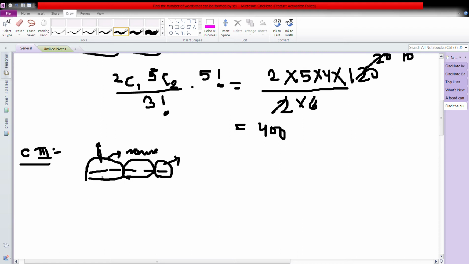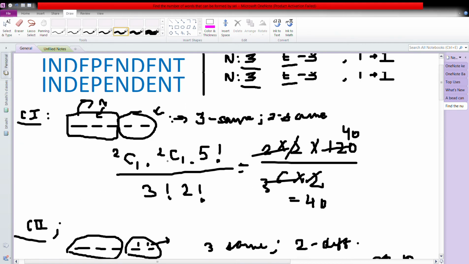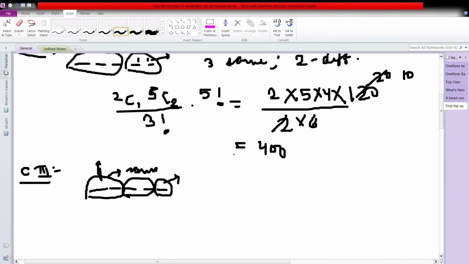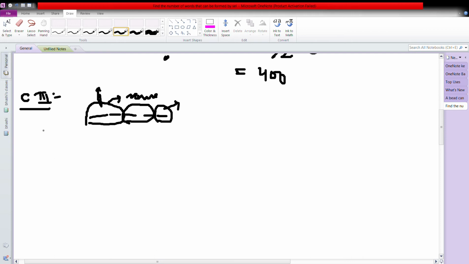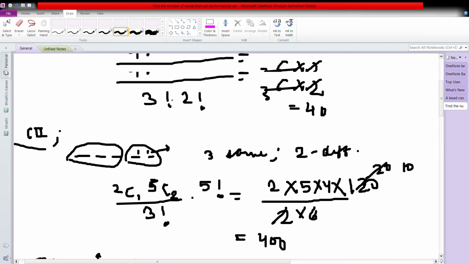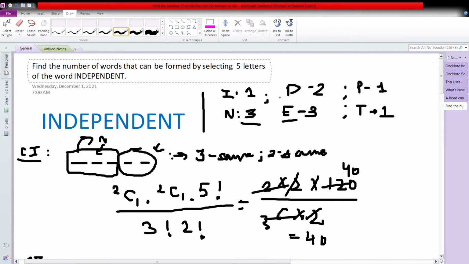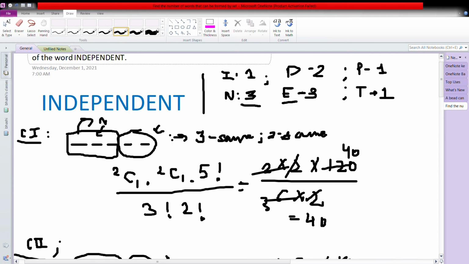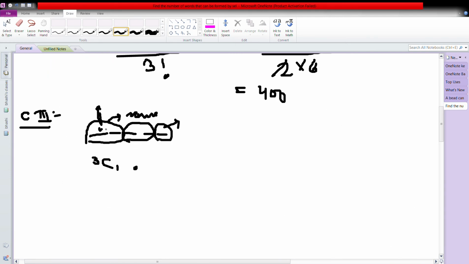Let's solve it out. For this place we have three options. How? Because either DD can come or EE can come or NN can come. Now see what mistake we have made here: from these three we have to assign two places, so we must write two. Sorry.